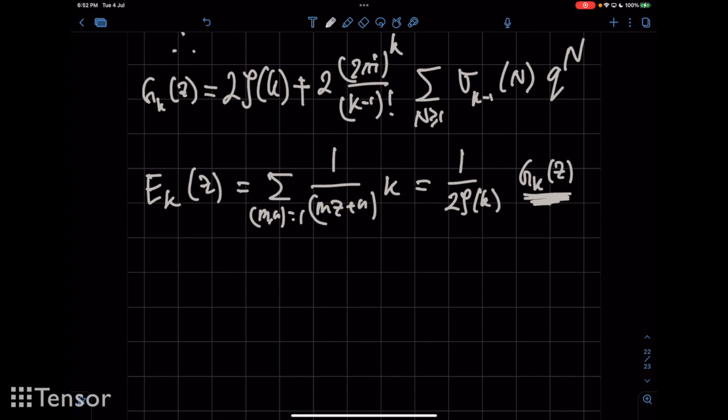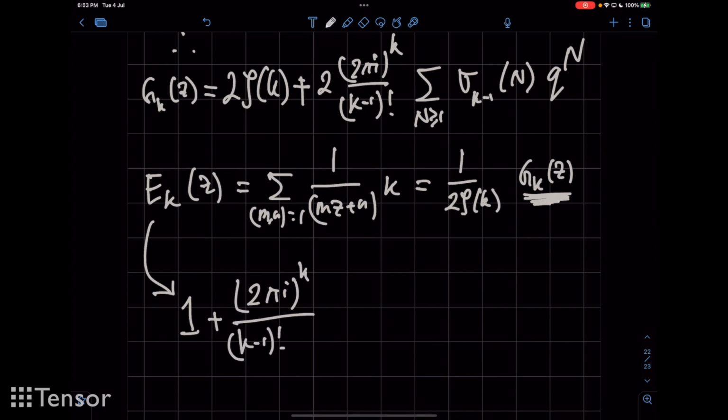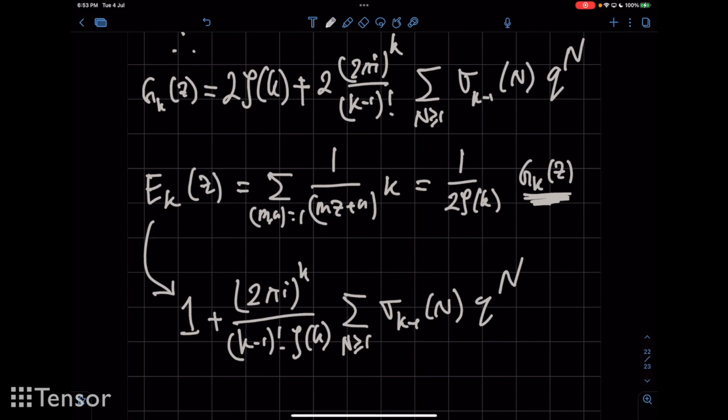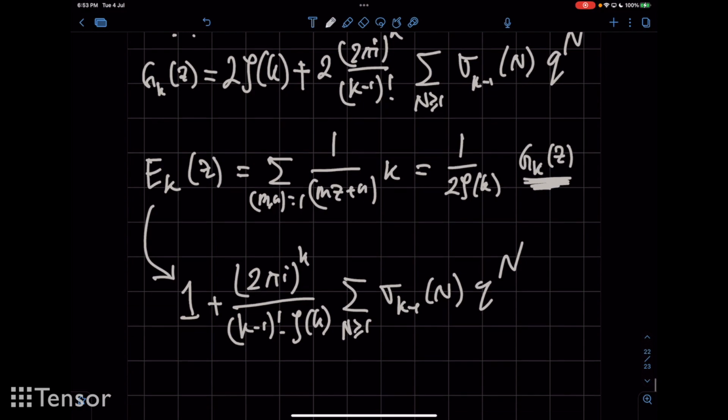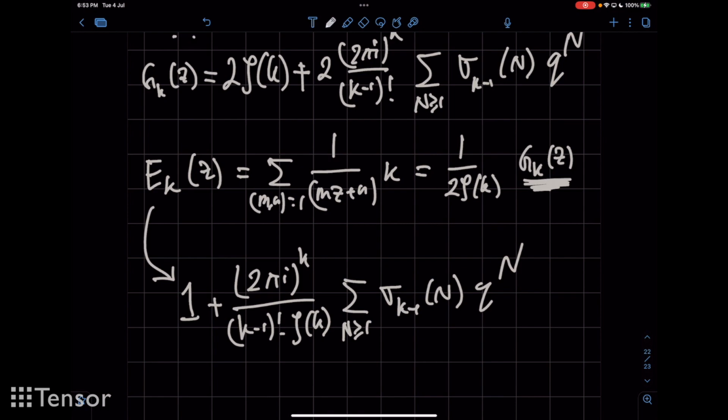So therefore, the Q expansion of the normalized Eisenstein series is 1 plus (2 pi i)^k over (k minus 1) factorial zeta of k, times this sum. By the term normalized, we mean that the first coefficient is 1.